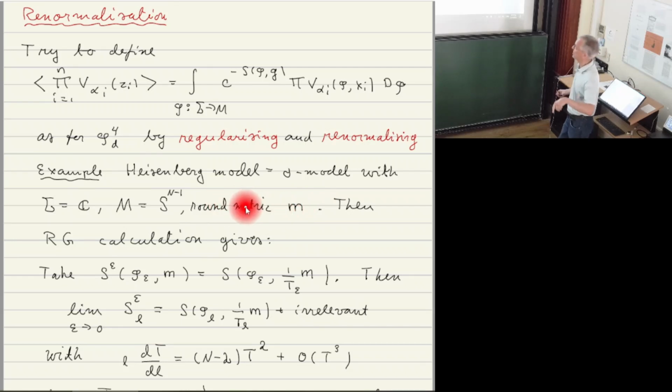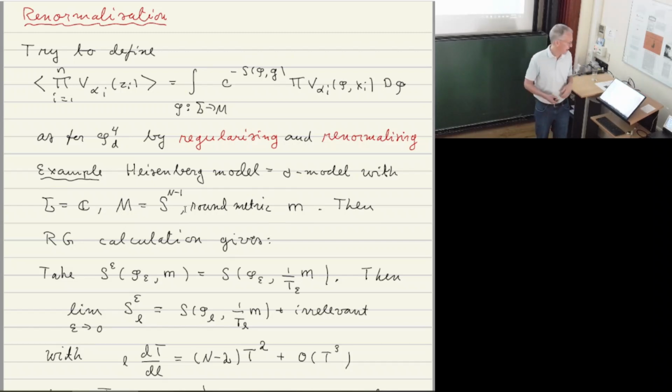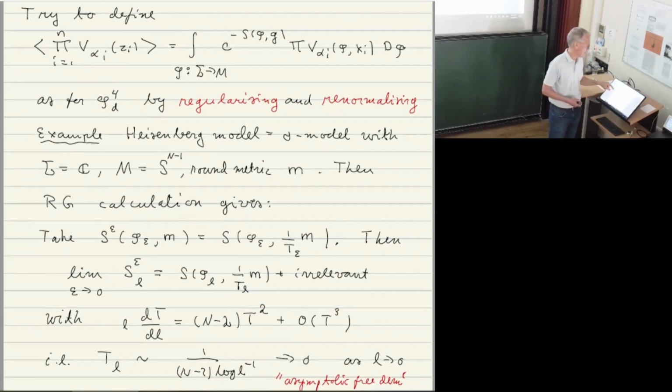It's the usual metric of the sphere. How do I figure out how to renormalize? Well, the answer to that is given by the renormalization group. You want to see how, once you go from scale to scale, what you put here changes. That's basically what you try to do.